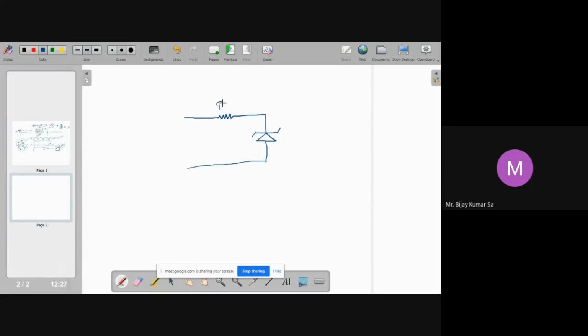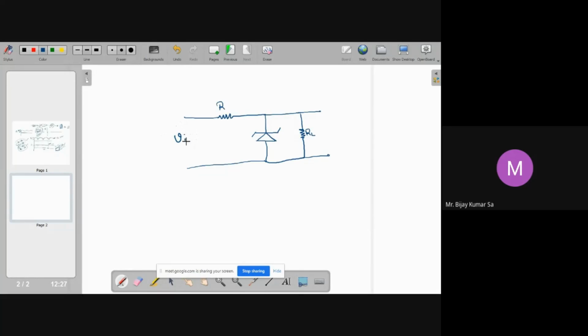This is a current limiting resistance, and this is your load resistance, which will represent your appliance, which needs to be protected. So this is your resistance RL. So this is your zener diode, and this is your VI.